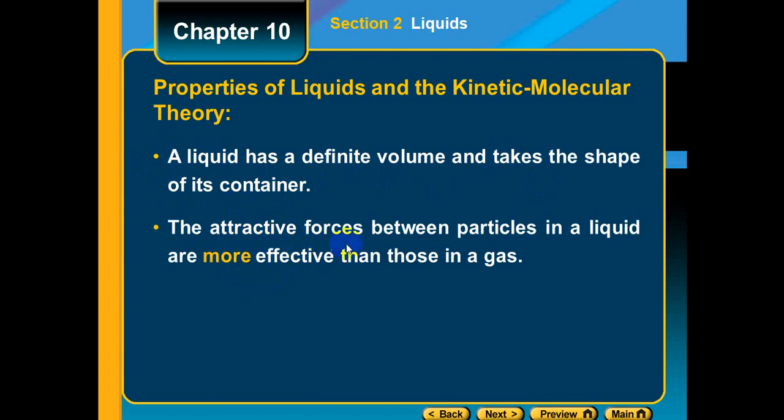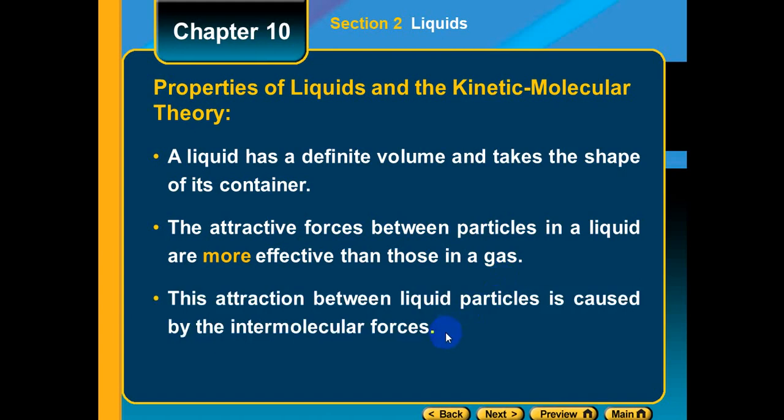The attractive forces between particles in a liquid are more effective, or stronger, than those in a gas. And the attraction between liquid particles is caused by the intermolecular forces among the particles of the liquid.